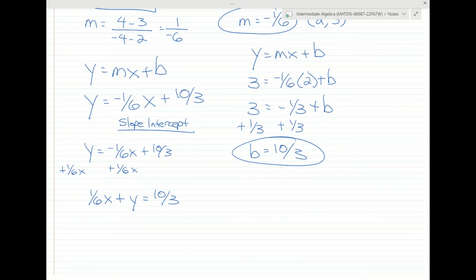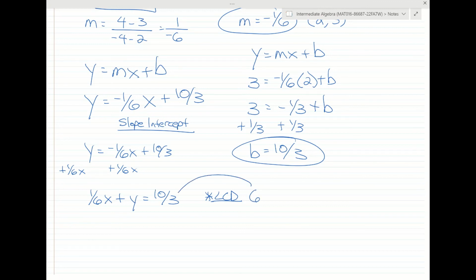But we have fractions. And so we have to multiply by what's called the LCD. Anyone know what the LCD between 1/6 and 10/3 would be? The LCD is the smallest number that you could divide by 6 and 3, which would be 6.